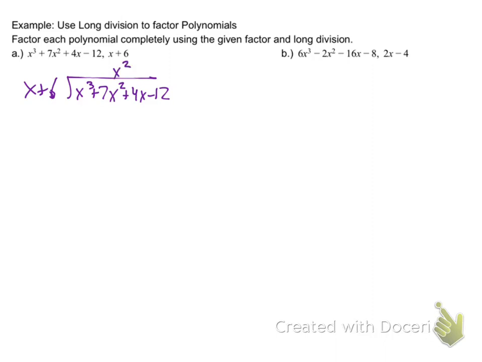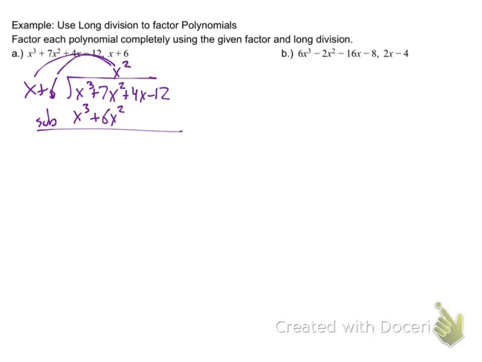Now, has everybody got that? What I'm going to do now is multiply that x squared to x to get x cubed. Multiply the x squared to 6 to get 6x squared. The next step says I need to subtract. Guys, I write this really big long line underneath all of that, and I write subtract.